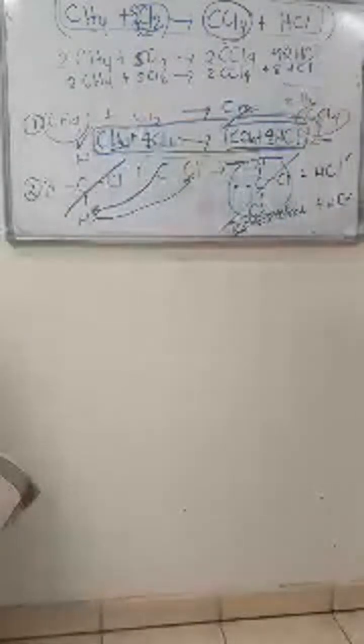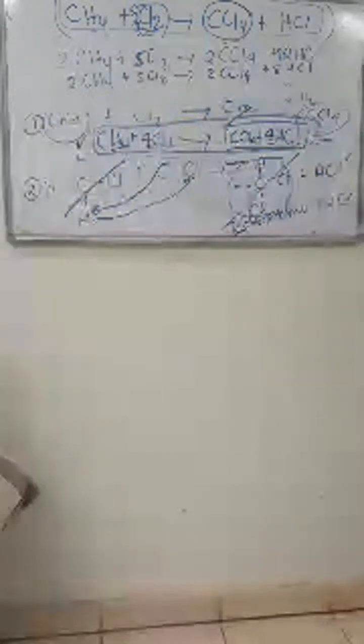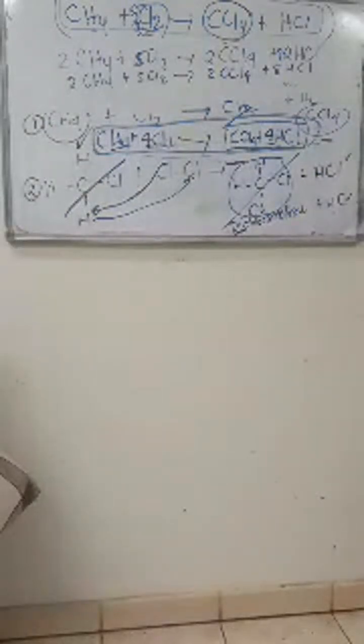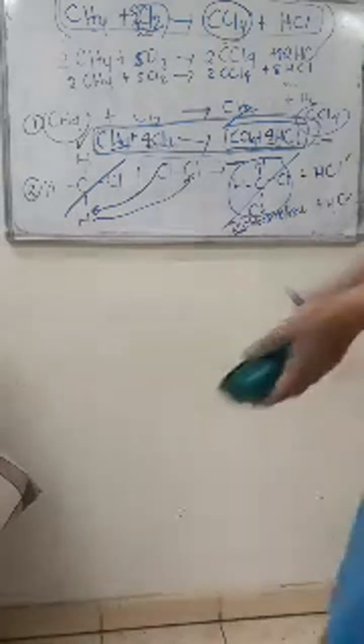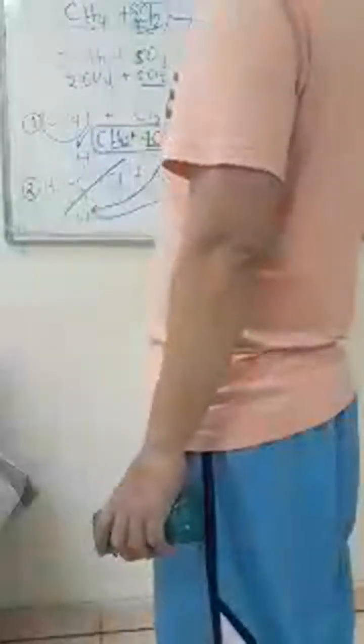Okay. 2CH4 plus 5Cl2 is equal to 2CCl4 plus 8 HCl. Now, balance again. So chlorine 10, chlorine 8. So 4 times 2, 8. Chlorine here is 16. So it's not balanced.